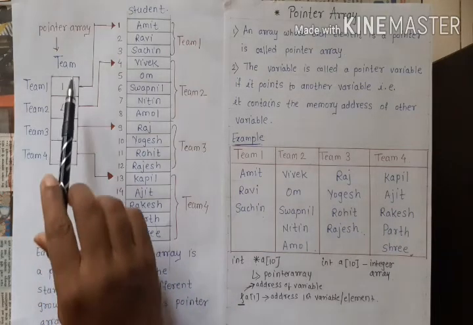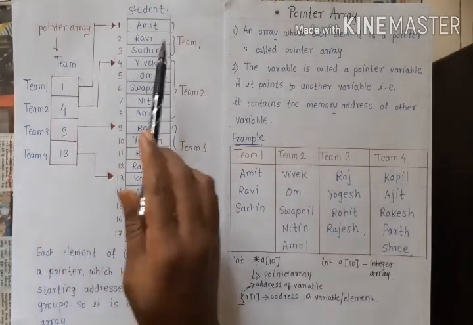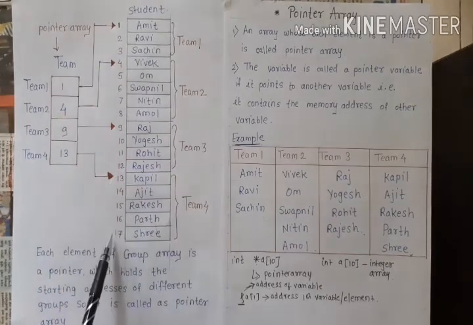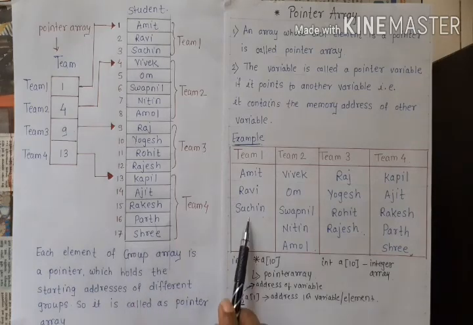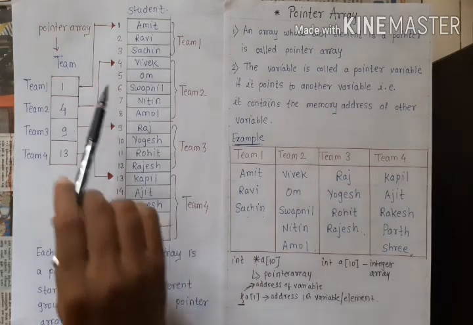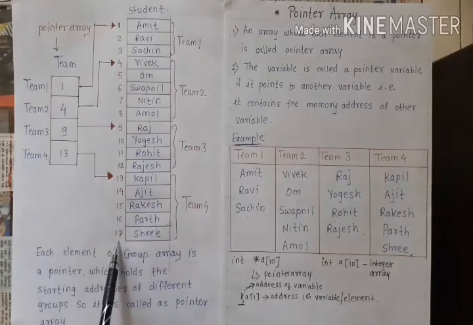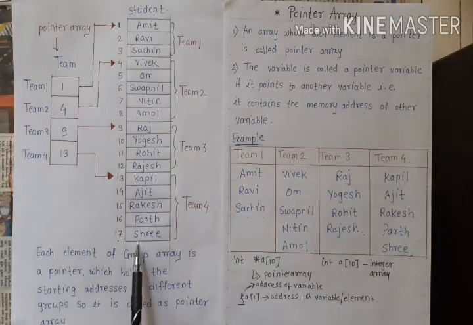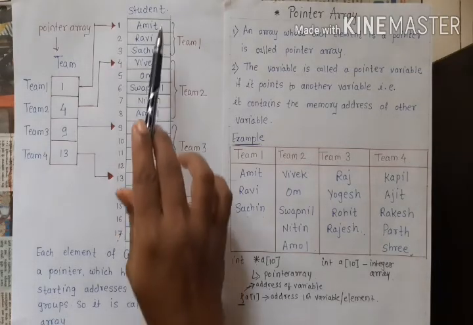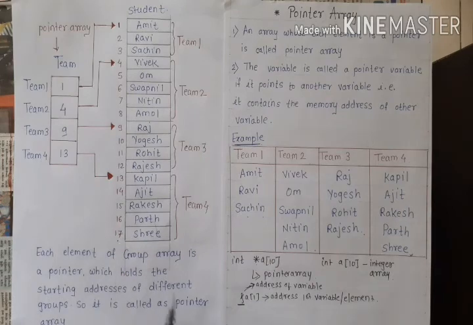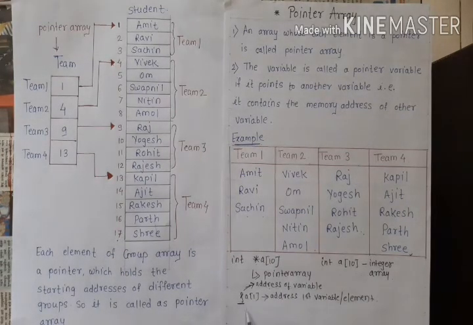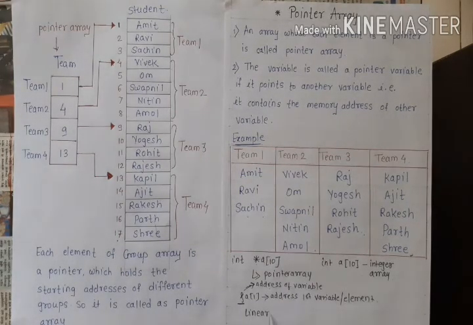Now see, here give the index, that is, the address or location of each element. See here 1, 2, 3, 4, like this up to 17. 17 students or 17 elements are stored in this student array. In the student array and the team array, this pointer array uses a linear array.